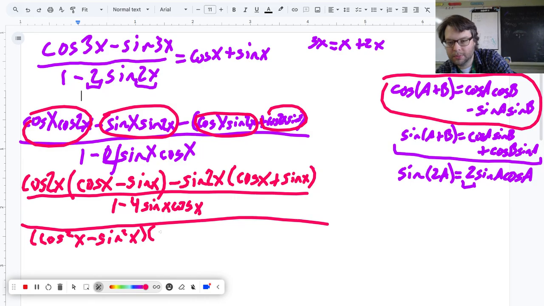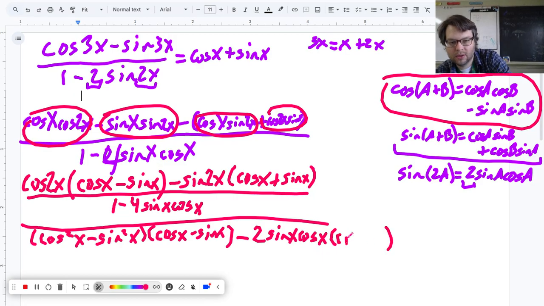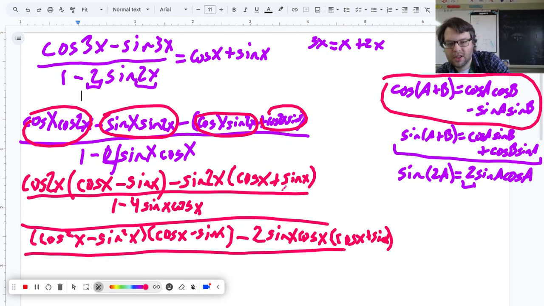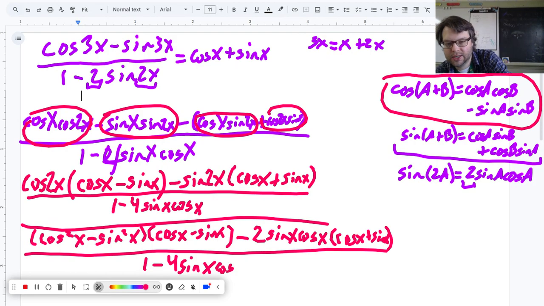So that's multiplied by cosine x minus sine x. Sine of 2x we already talked about, so minus 2 sine x cosine x. And then here we have cosine x plus sine x. All that is still over this denominator, so it doesn't really seem like we've made very much progress. And that is how a lot of these trig identities problems feel. It just feels like it's getting worse and worse and worse.